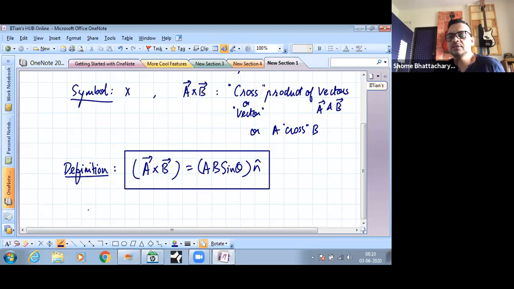N cap is a unit vector, as you might guess, but it has a special relationship with A and B. So first of all, A is the magnitude of the vector A, B is the magnitude of the vector B, and theta, as usual, is the angle between A and B.